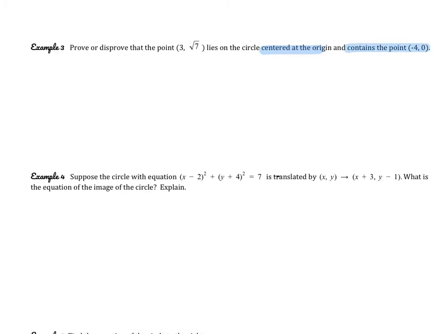So I know that if a circle is centered at the origin, which remember is (0, 0), and it has a coordinate at (-4, 0), right here, we are essentially being told that our radius is 4. And again, we know that the center is at (0, 0).